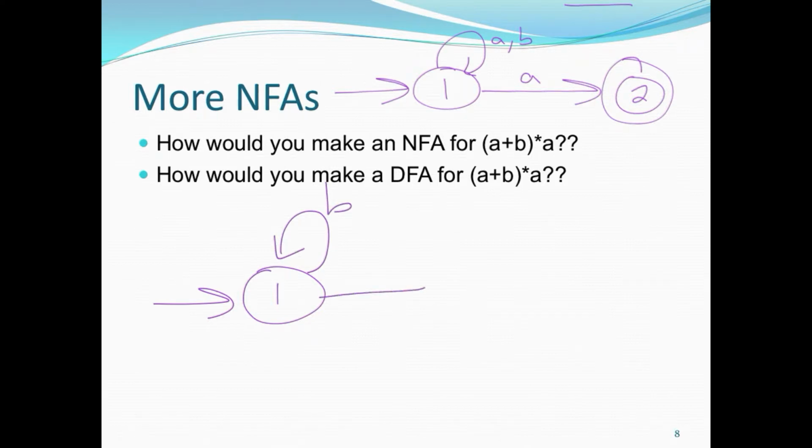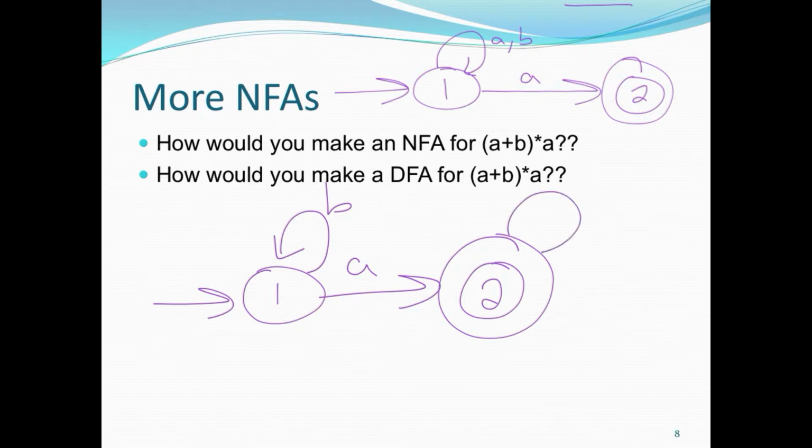If we see an A, we don't really know whether the A that we're seeing is the last one that we're going to see, or it's just the first A in a bunch of A's and B's. But regardless, if we see an A, state 2 has to be an accept state, right? Because we accept the string that's just the letter A. And once we get to state 2, if we see another A, we're okay. We can kind of stay here.